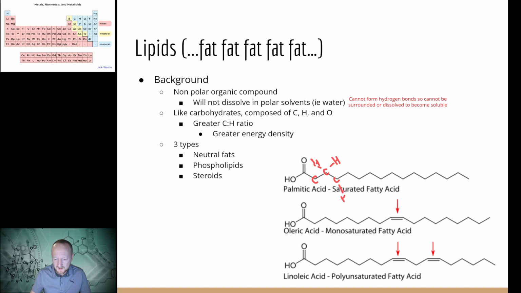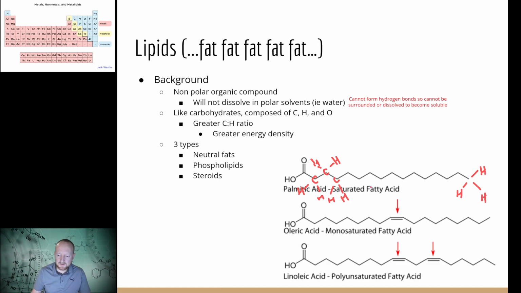We don't need to draw that in this structure because it's inferred. It's something you just have to know from chemistry class. So each one of these carbons, except for down here, is bound to two hydrogens. This last one has one bond with another carbon, so it's going to have three hydrogens.